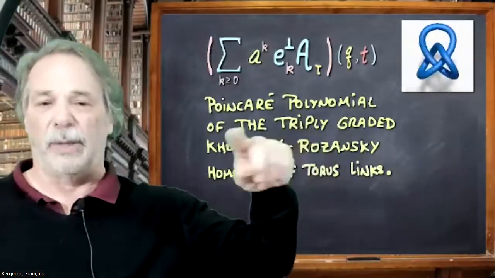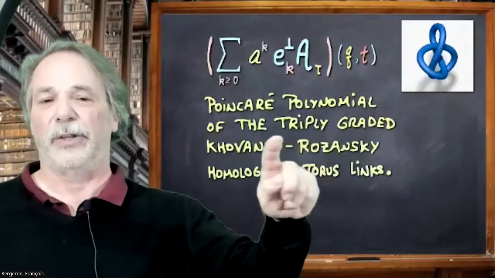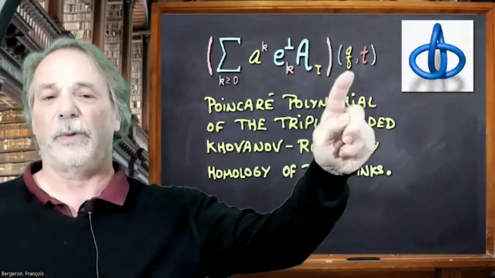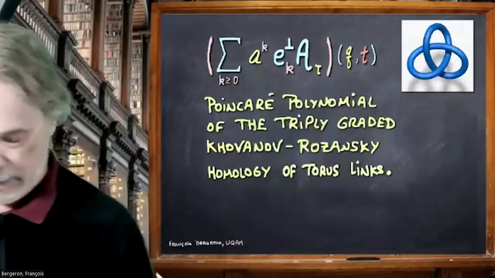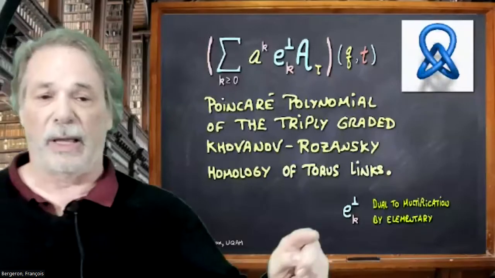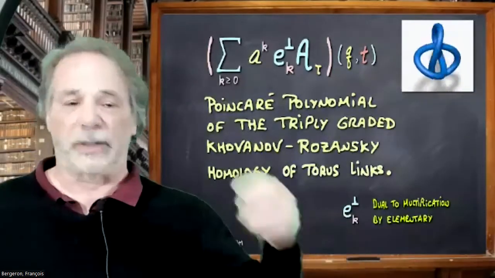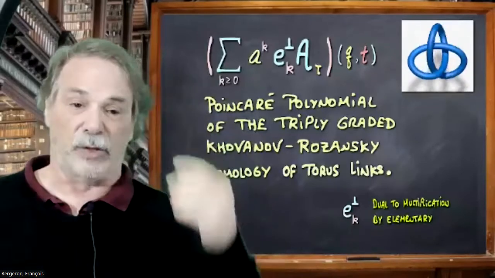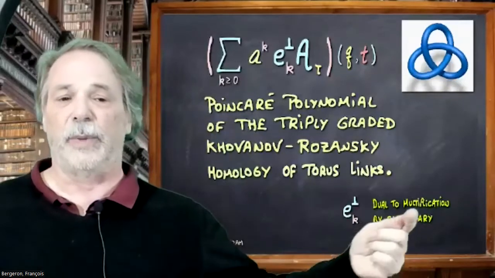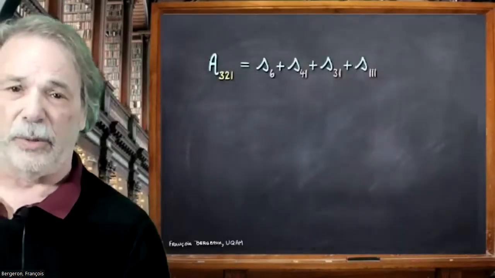So the Poincaré polynomial has three things, triply graded. The grading, the triply graded comes from Q, T and A. Now, E_k perp is an operator typical in symmetric functions. It's just the dual to multiplication by elementary symmetric function. Let me show you what it does.